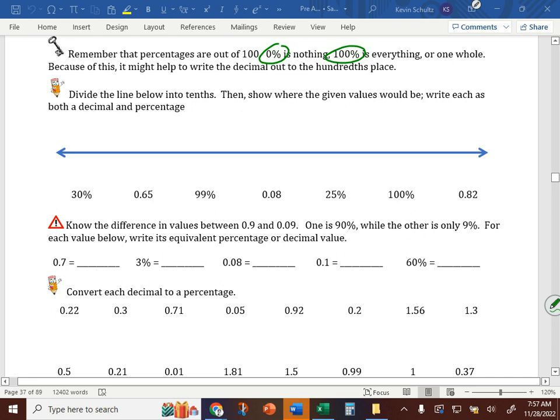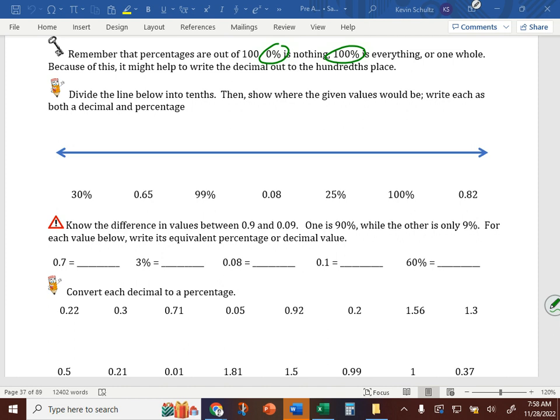Are there times when you can get more than 100%? Yeah, such as what? What would be an example of when you could get greater than 100%, or when that would make sense? Extra credit on a test, right?